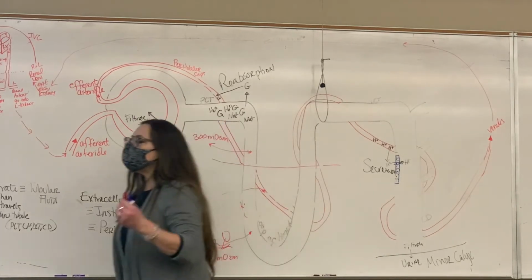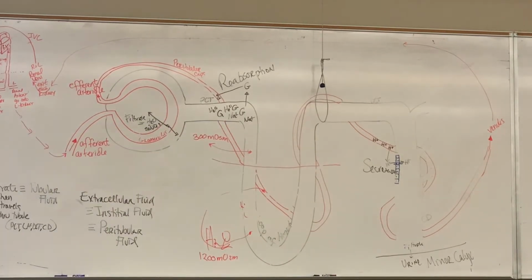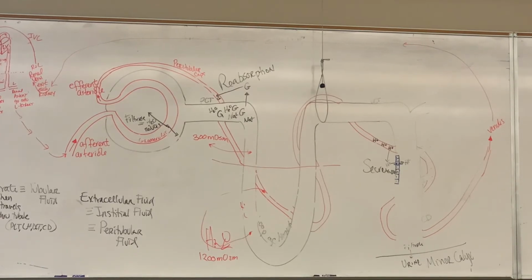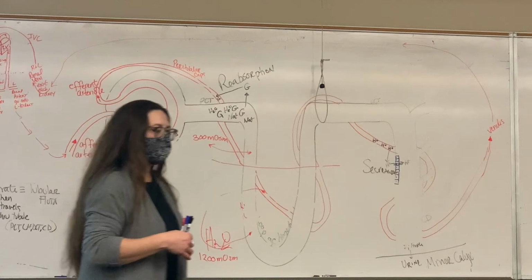Now, if I were to tell you, comparing a human to a camel, are camels gonna have more or less juxtamedullary nephrons compared to a human? Do camels have to deal with environments that are more likely to cause them to be dehydrated or less likely to cause them to be dehydrated compared to humans?